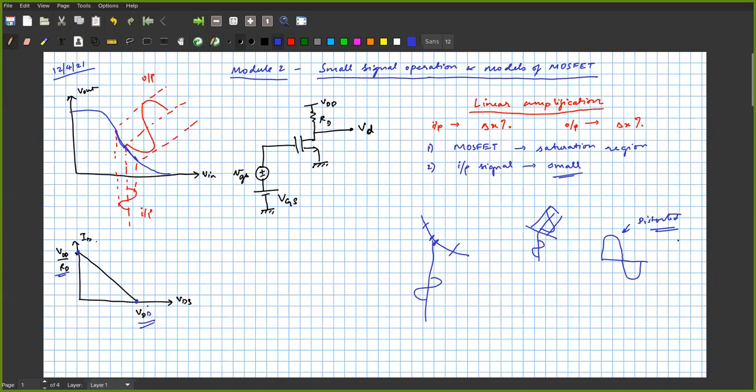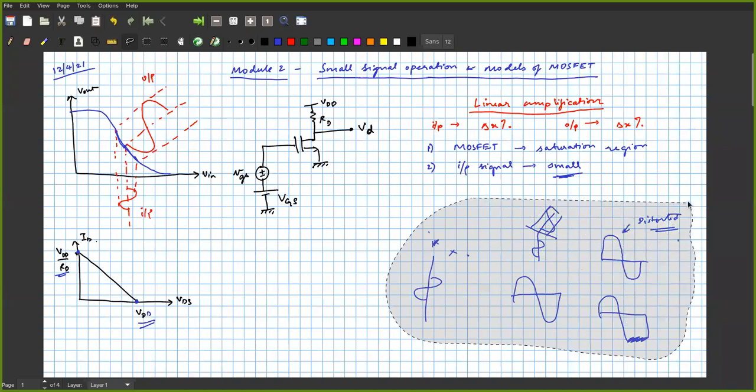So when that happens, instead of getting a full swing output like this, what I'll get is a clipped off version like this. This part is getting clipped off. So that also we need to avoid. That is why we give a small input signal to avoid distorted signals and to get a full swing output. Right. Then any queries still here?